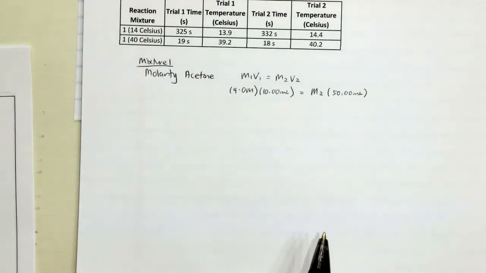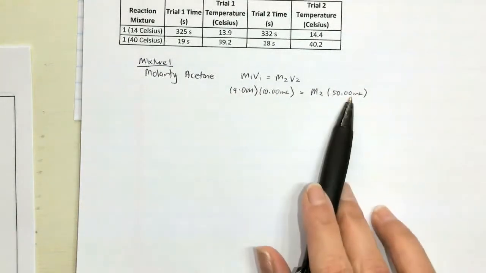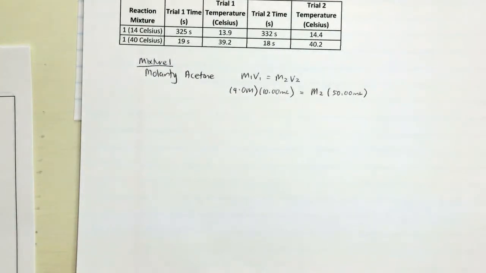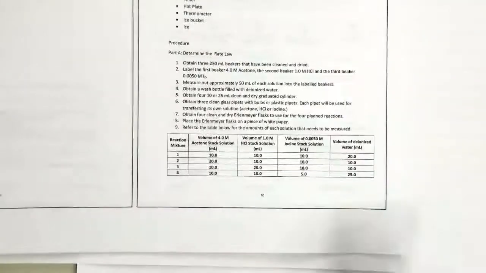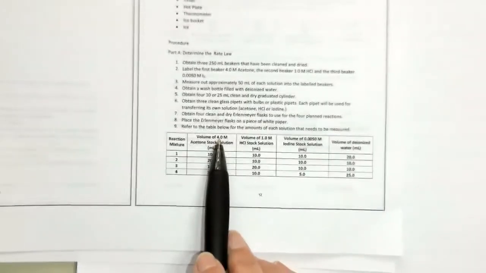V2 will be 50 for pretty much all the calculations here. Every single molarity, the V2 will be 50. What the V1 and M1 will be depends on the table. For all the acetones, M1 will all be 4.